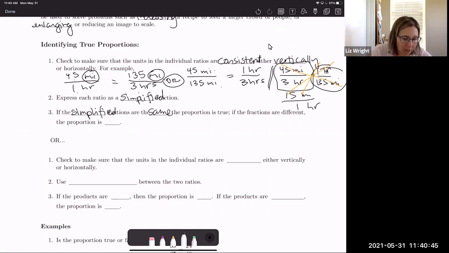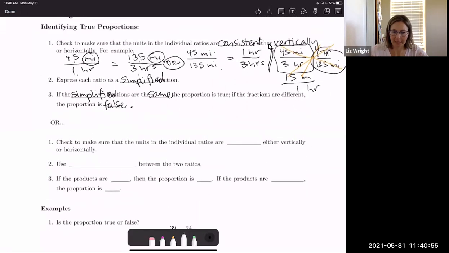If the fractions are different, the proportion is false. That's the same as when we were talking about comparing fractions last week. That's the same method.